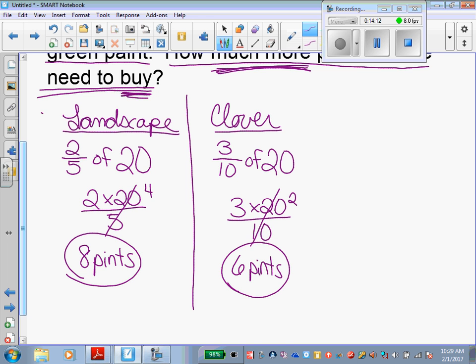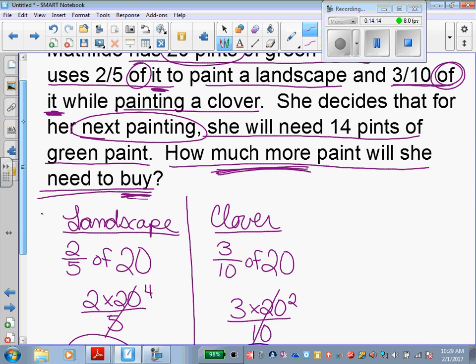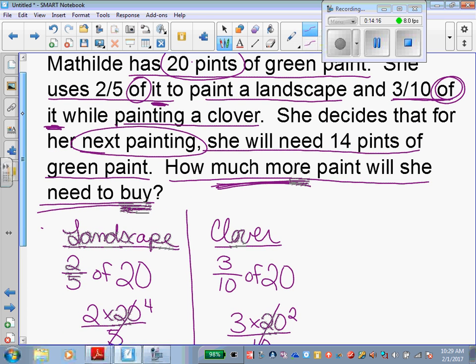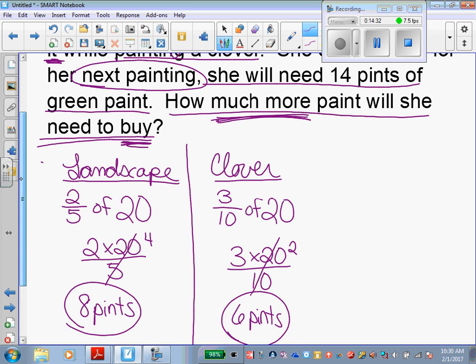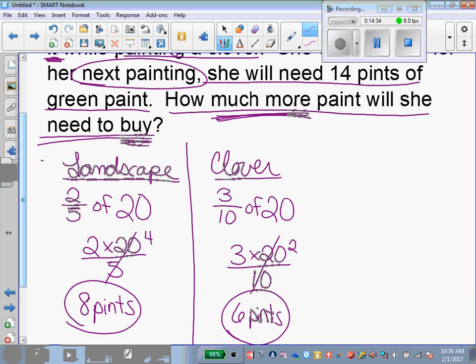All right, guys, have I answered my question? No. I'm still far from it. I've answered how much paint she's used for the landscape. I've answered how much paint she's used for the clover. But now it says she decides that for her next painting, she will need 14 pints of green paint.